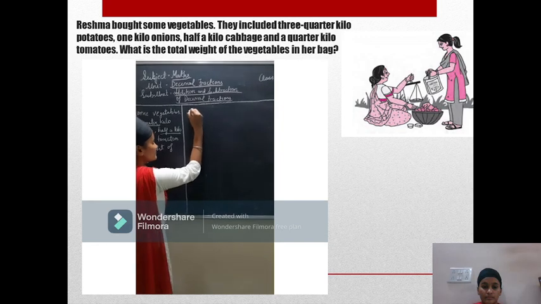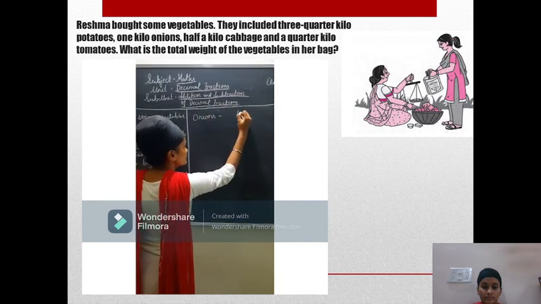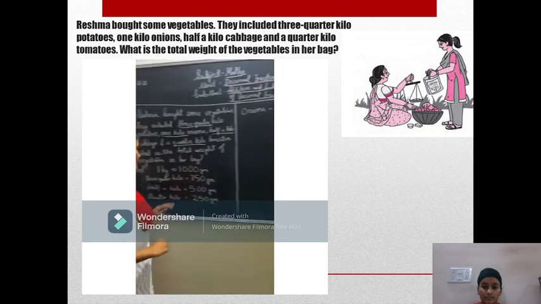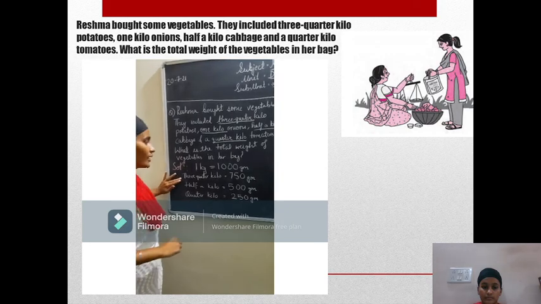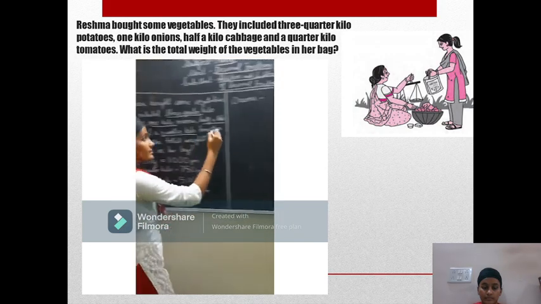So, onions equal to 1000. Now the second thing was 3/4 kilo. So 3/4 kilo were the potatoes.